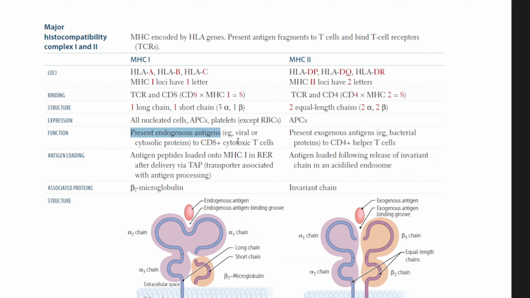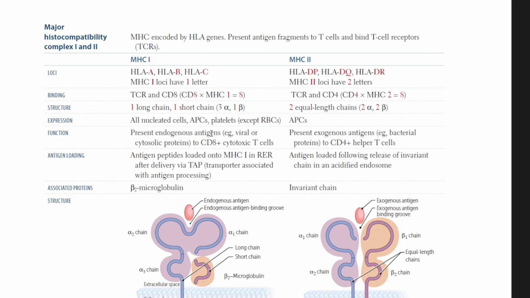So CD8 is the same one called cytotoxic T cells. On the other side, in MHC2, the function is they present exogenous antigen. Remember, exogenous. And the other side is endogenous.